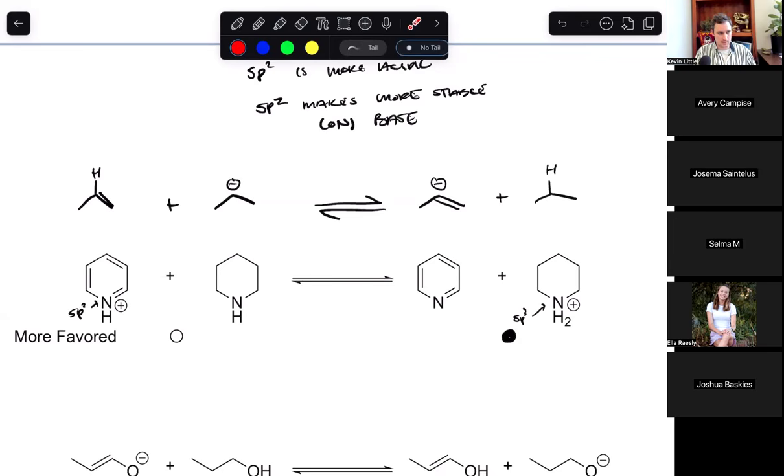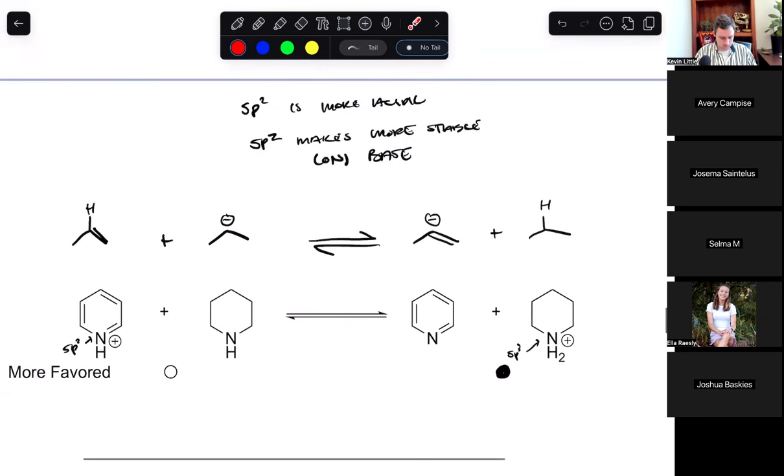So Simon said the side away from the stronger acid is the more stable side. Yes. Okay. What's the more stable side here? This might be clearer. What's the more stable conjugate base? What negative charge is more stable?